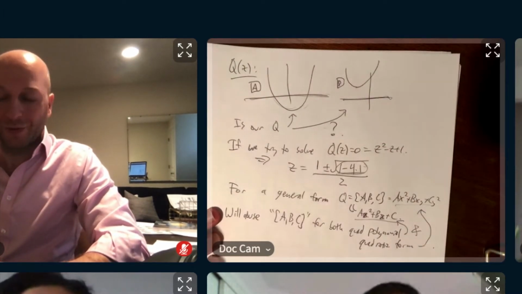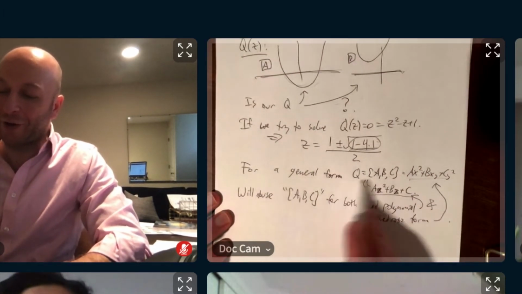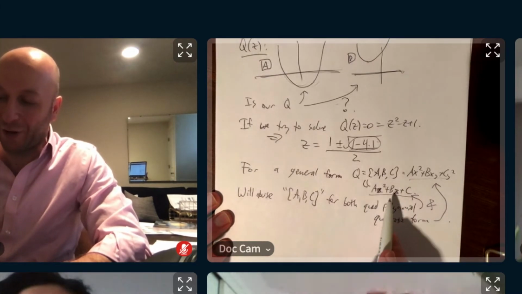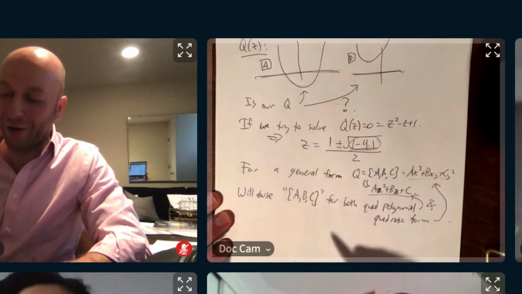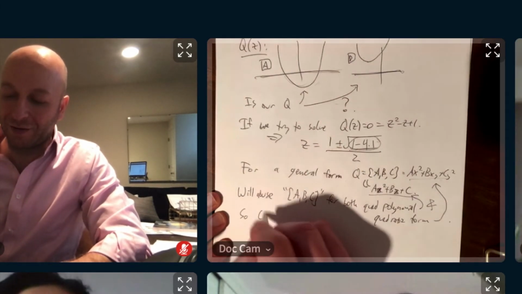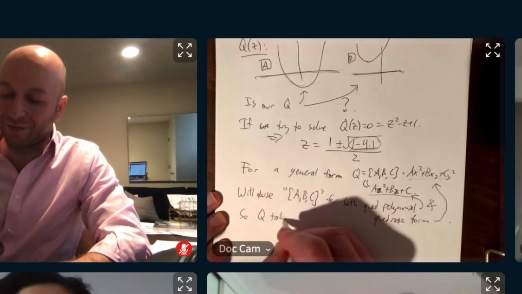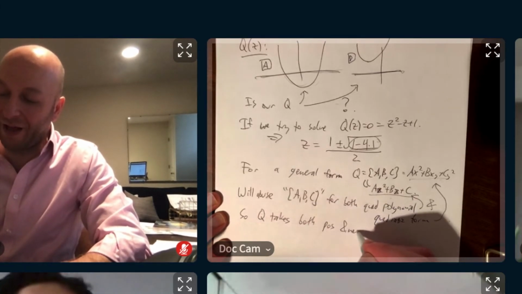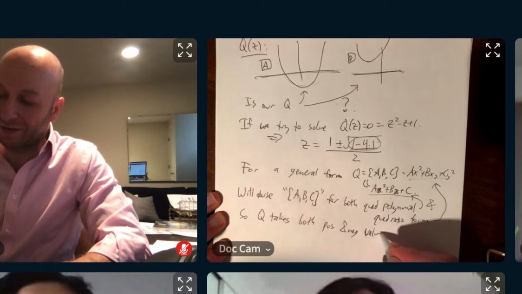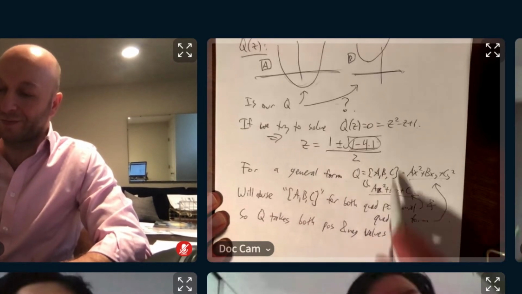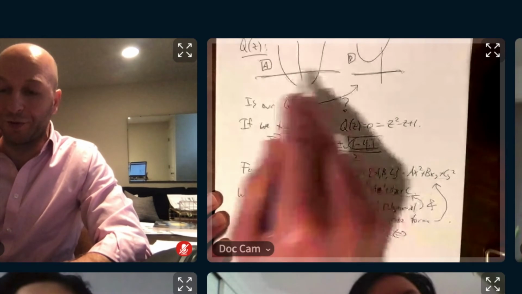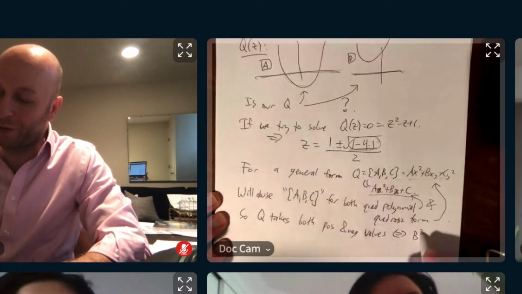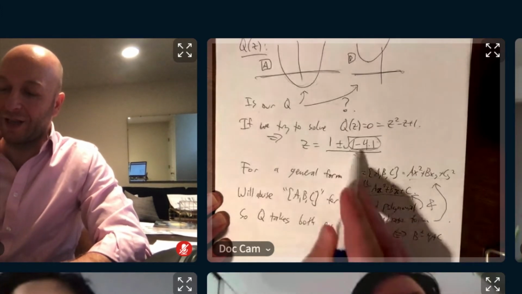Okay? And so now you know about quadratic forms, because you can always pull out a y squared to get down to a quadratic polynomial, and q takes both positive and negative values if and only if the quadratic polynomial has roots, which means b squared minus 4ac is positive.